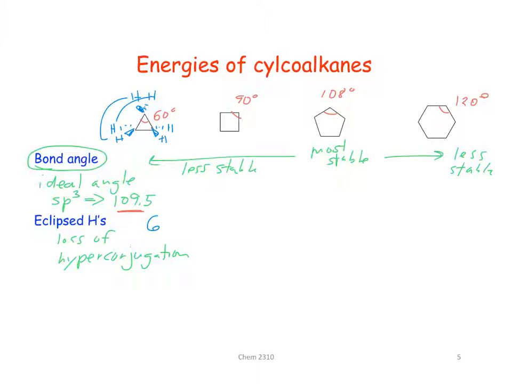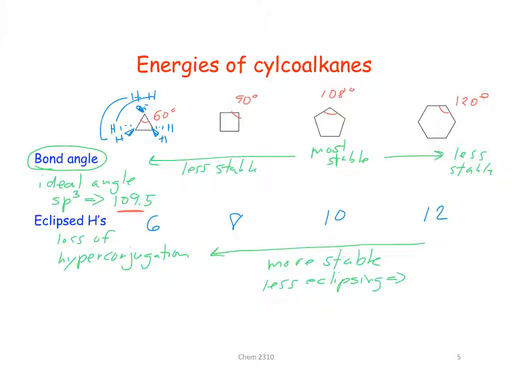If we go to cyclobutane, we'd have 8. Cyclopentane, we'd have 10. Cyclohexane, we'd have 12. Remember, the more eclipsing that we have, the less hyperconjugation. So that means that this should get more stable going to this side. It has less eclipsing, so it should have more hyperconjugation.